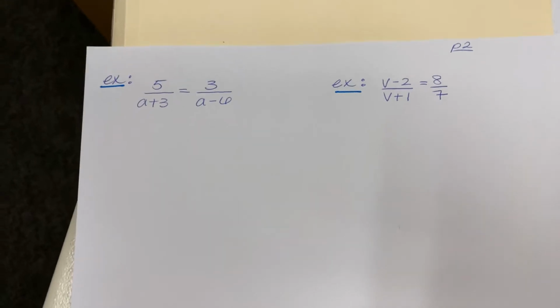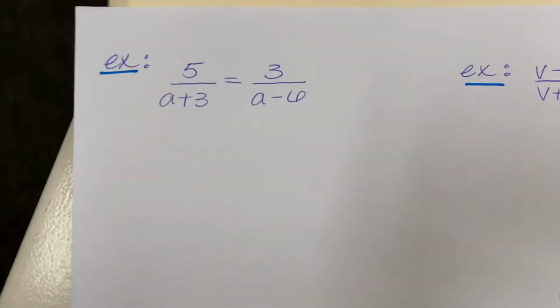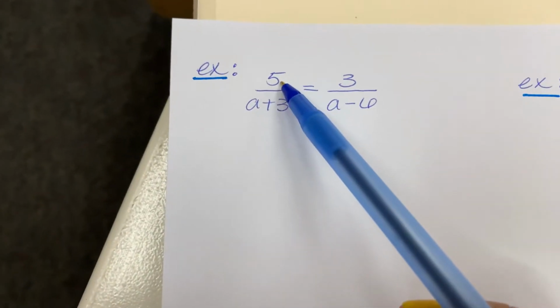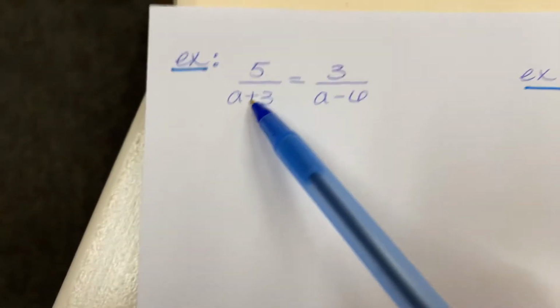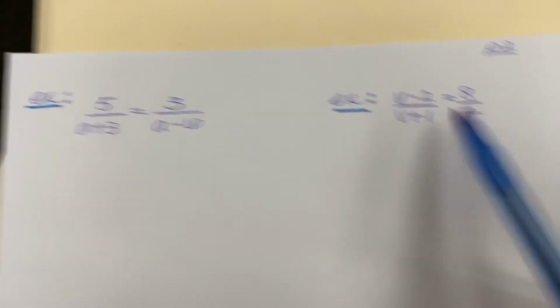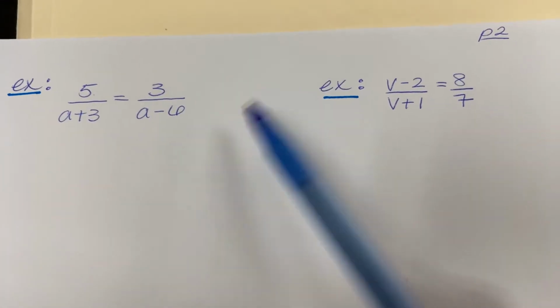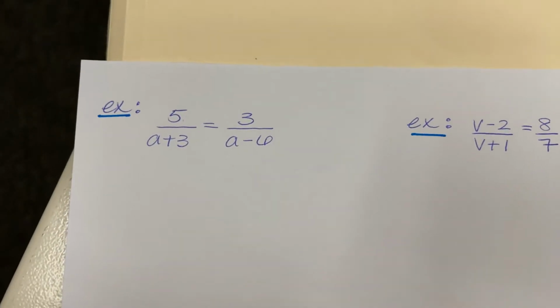Easy. Okay, so now let's go into binomial ratios with binomial and monomial terms. Singular term, monomial. Two terms, binomial. That's what we have. Now you're going to kick in the cross product property.